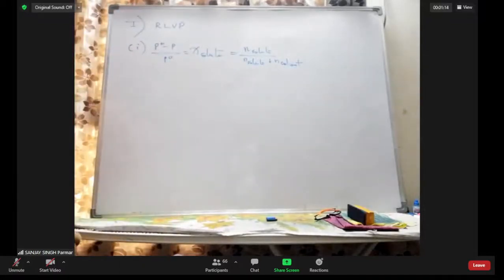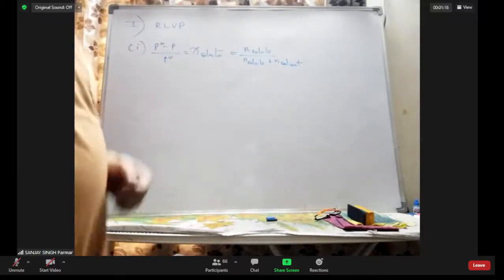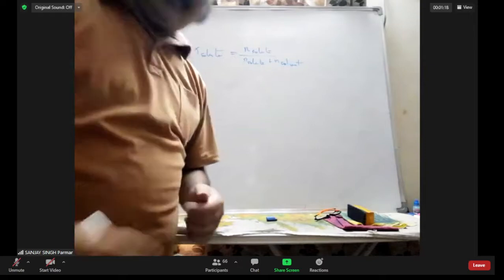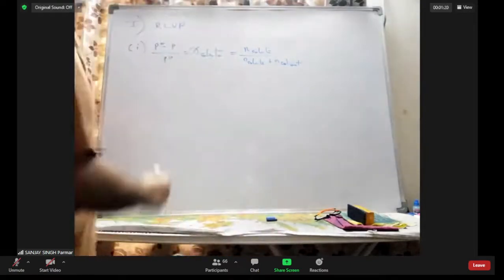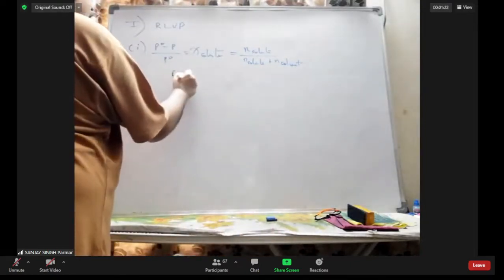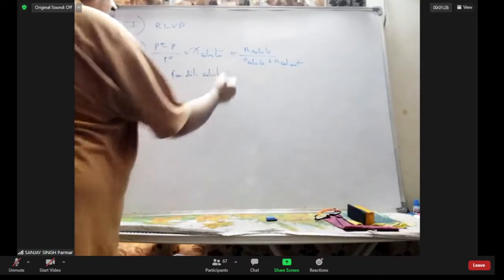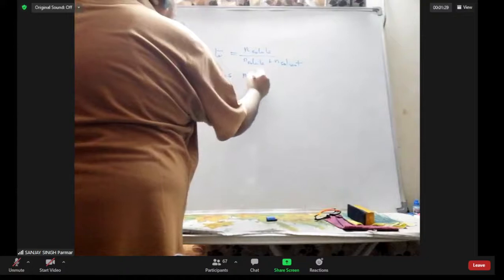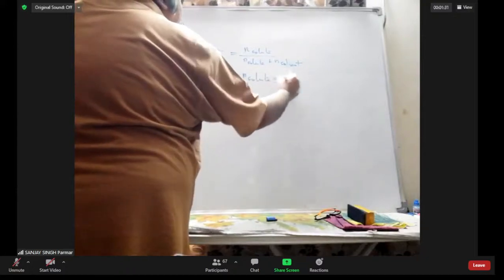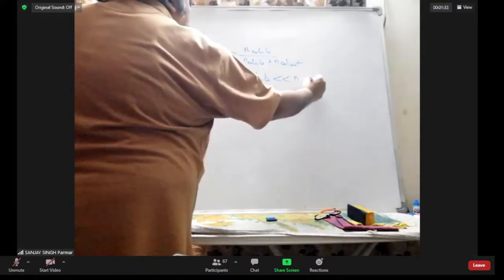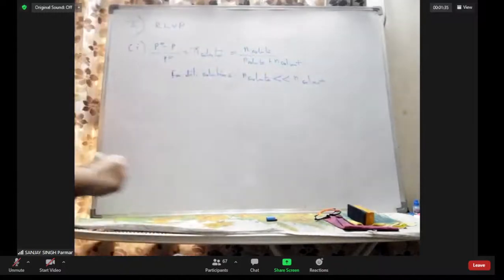Yesterday I told you that colligative properties are for dilute solutions. For dilute solutions, the number of moles of solute is very less in comparison to number of moles of solvent.